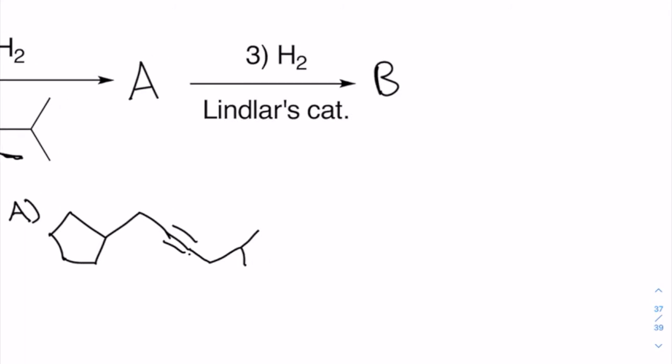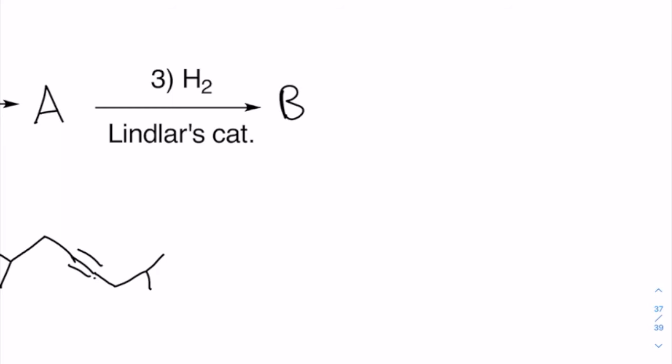Next, we have Lindlar's catalyst. So Lindlar's catalyst is going to reduce that triple bond down to a double bond, and it will reduce it down to a cis alkene. So we're going to have this. Right? Because this is cis configuration.